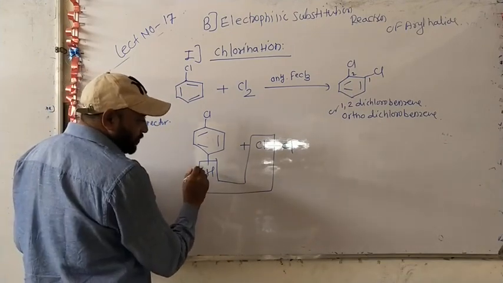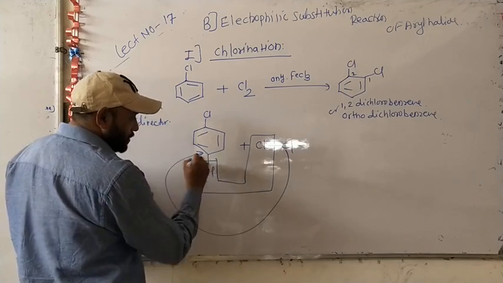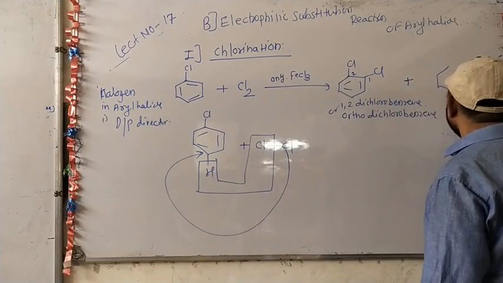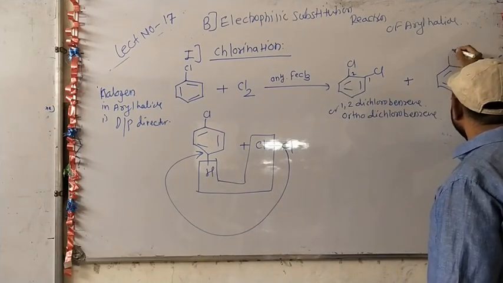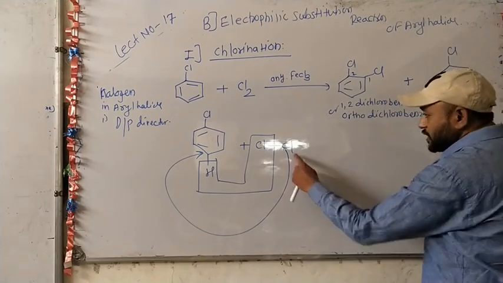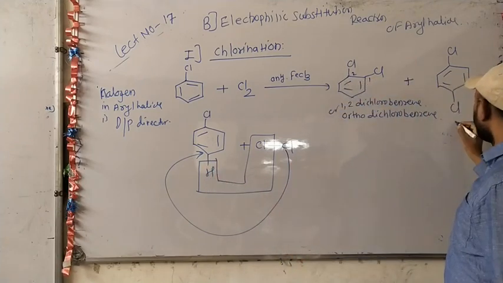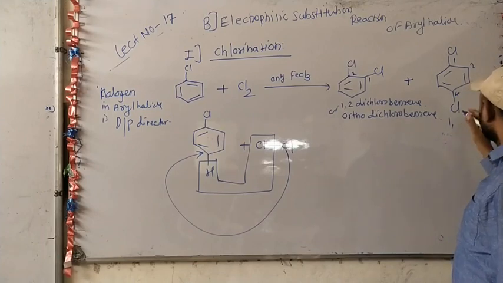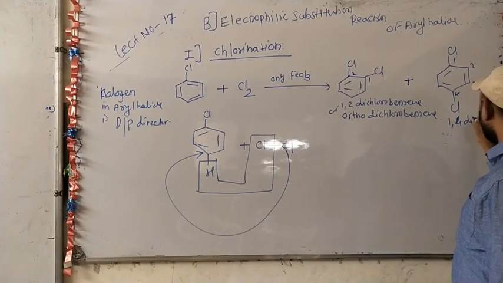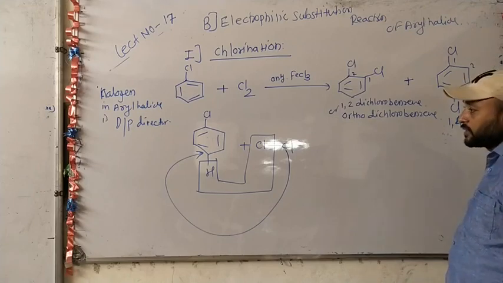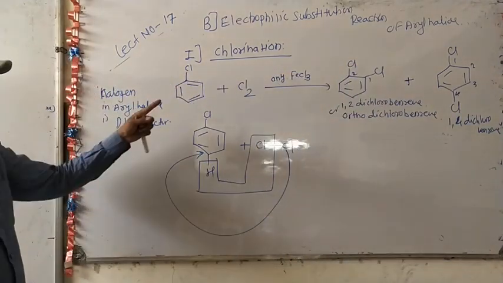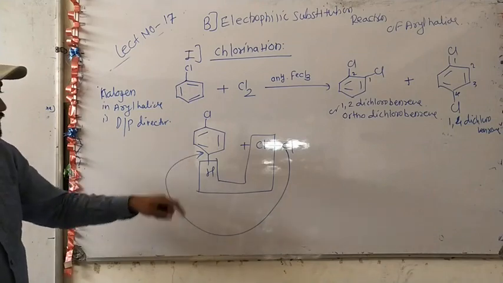So this hydrogen from para position is replaced by this chlorine, and thereby forming a second product, where chlorine is substituted for this hydrogen, forming 1,4-dichlorobenzene.